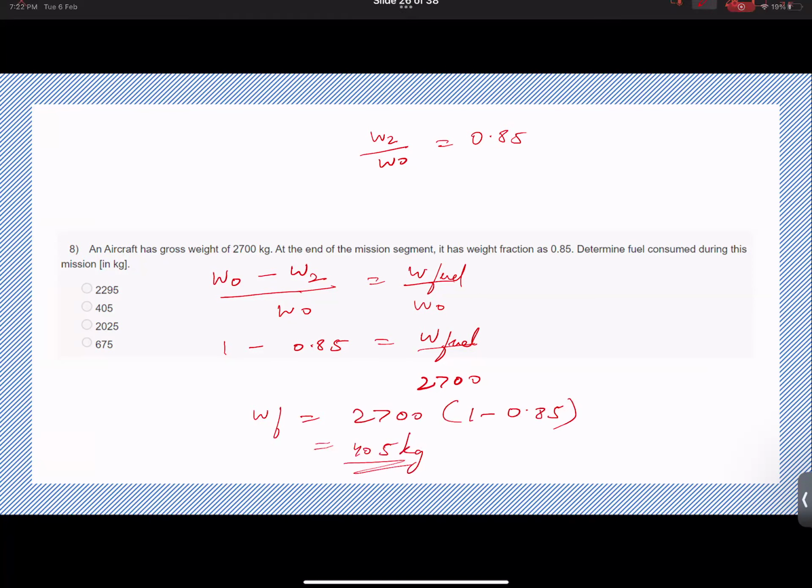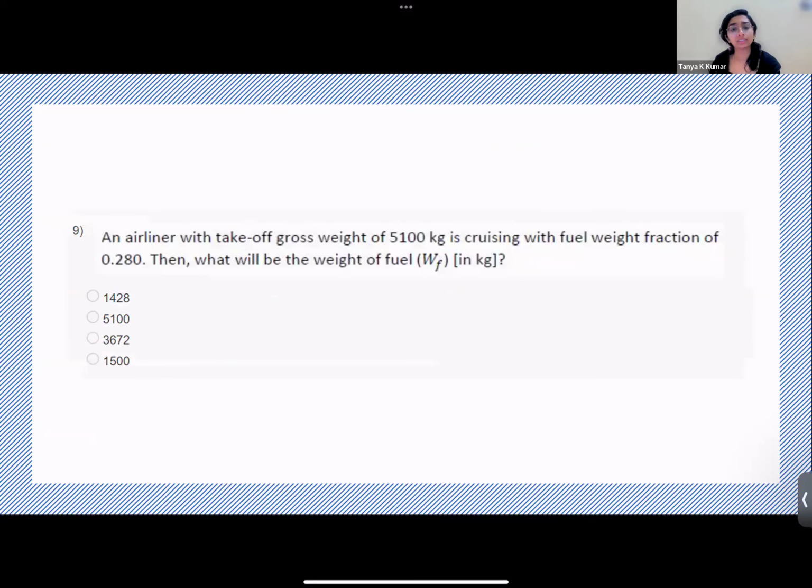Okay, let's move on. Next question, a simpler question along similar lines. An airliner with a takeoff gross weight of 5,100 kgs is cruising with a fuel weight fraction of 0.28. Then what will be the weight of the fuel in kg? Very simple, right?